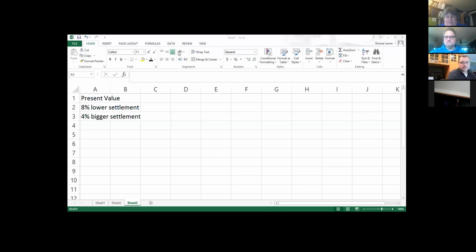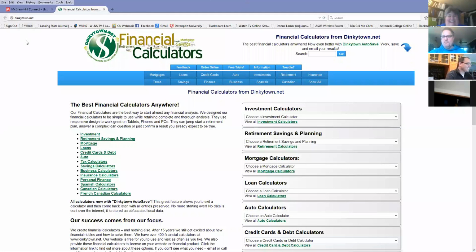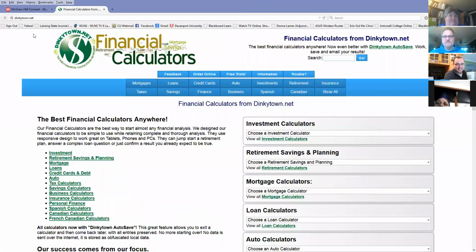Okay, I'm going to switch your screens on here. Is that Dinkytown? Yep. I've been trying to use that one as well. Are you able to see the Dinkytown screen here? It's dinkytown.net, D-I-N-K-Y-T-O-W-N.net. That's the only thing I've typed in so far. And then there's a ton of choices up here.